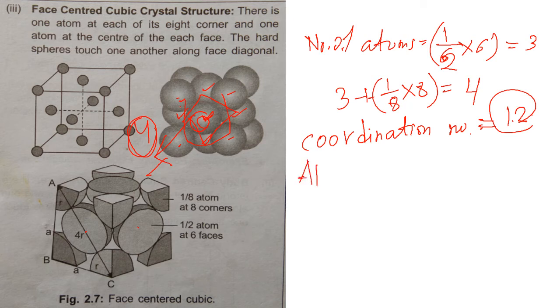Atomic packing factor: how did you get it? The total number of atoms is 4, so 4 into 4 by 3 pi r cubed by volume of a cubed. How do you get a?